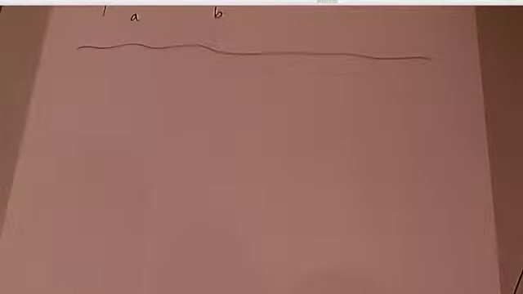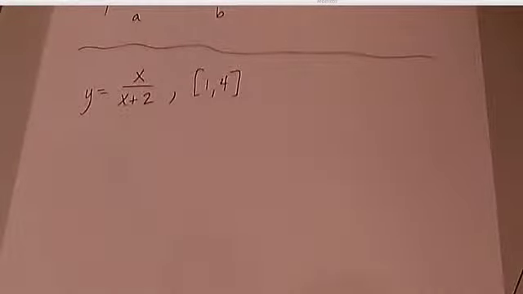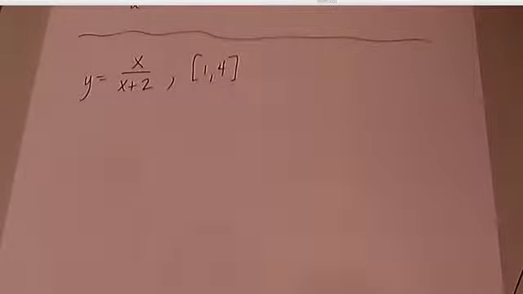Now, let's go ahead and let's look at y is equal to x over x plus 2, and I want to figure out whether the mean value theorem applies for this function on the given interval, and if so, I need to find the value of c which satisfies.